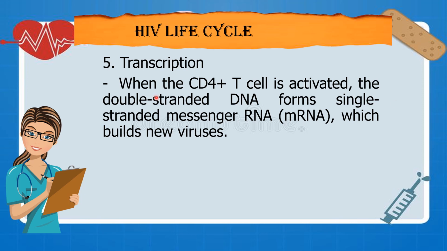With this step, HIV infection is now permanent. The fifth step is transcription. Once converted, it allows the HIV to enter the cell nucleus and combine with the cell's genetic materials. So once this happens, the DNA becomes double-stranded and carries instructions for viral replication, or it builds new viruses.